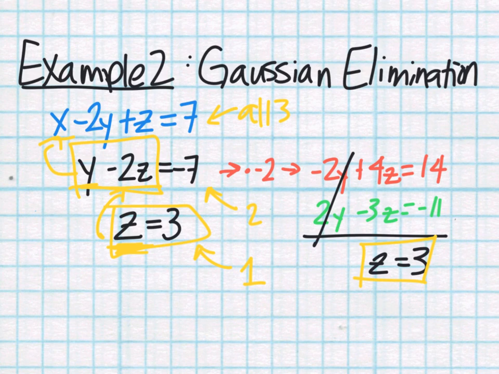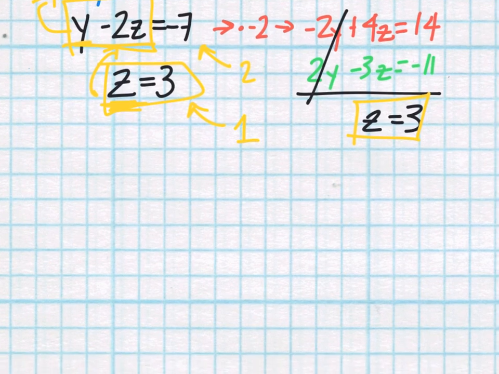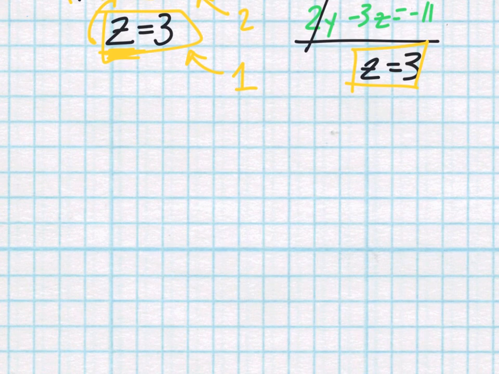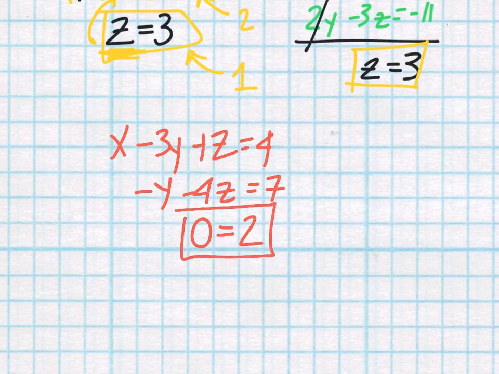Oh yeah, one more thing to note real quick before we go. If you ever end up getting a system of equations and you end up with something that looks like this, like maybe x minus 3y plus z equals 4, negative y minus 4z equals 7, and then you do everything you can, and your third equation ends up with something like 0 equals 2, not z, 2. 0 equals 2 is not true, can't ever be true, so we have to conclude that this system has no solution.